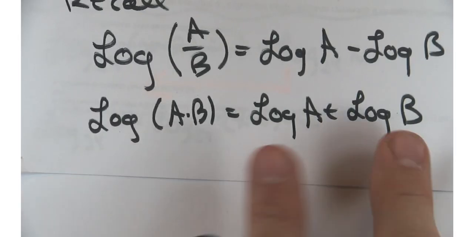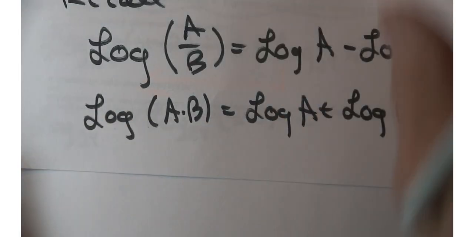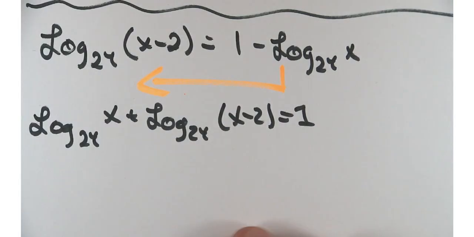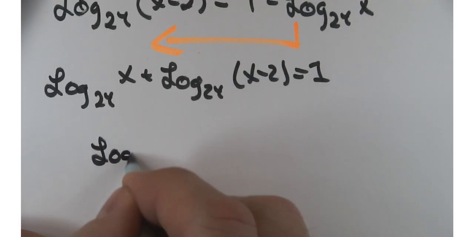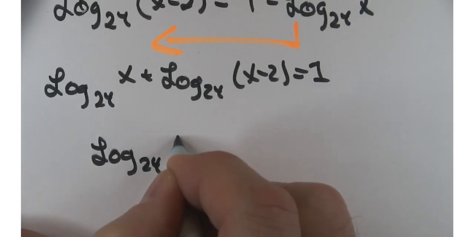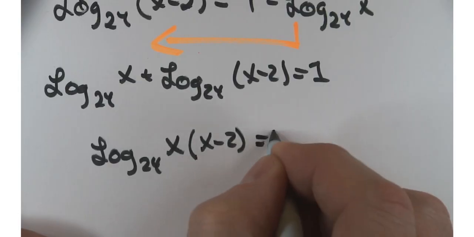We're going to build this up a little bit. The sum of the logs becomes the log of the product. That's the key step here. One of two key steps, I would say. Log base 24 of x times x minus 2 equals 1.